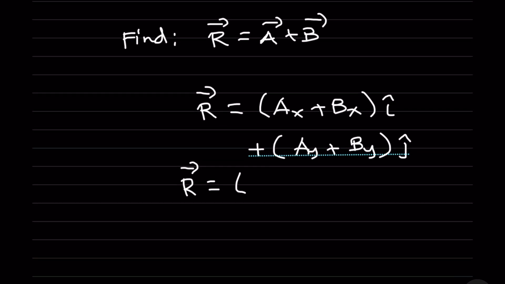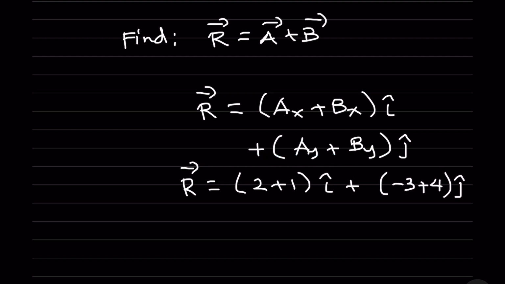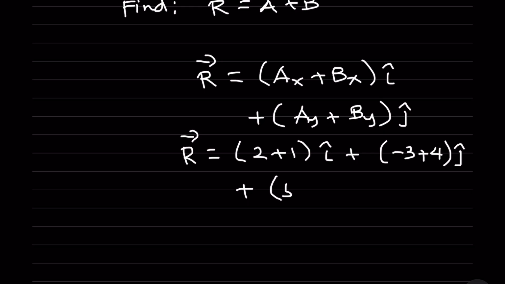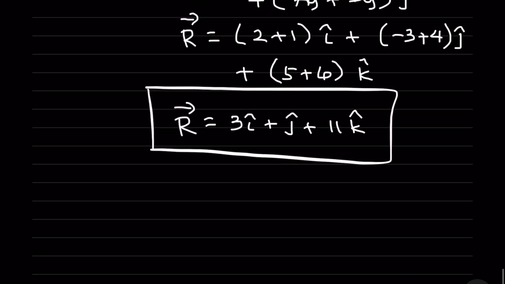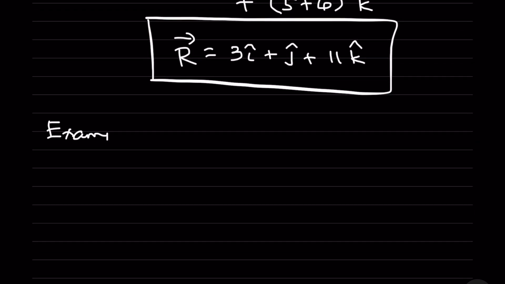For y component, Ay plus By. Now I forgot to write here the z component, which is Az plus Bz. You simply have to substitute the values, add all the x components together, the y components together, and the z components together, and the final answer is given by this equation.